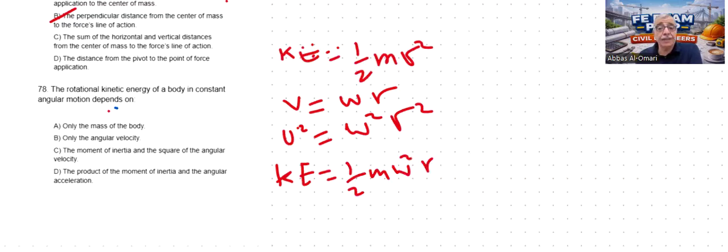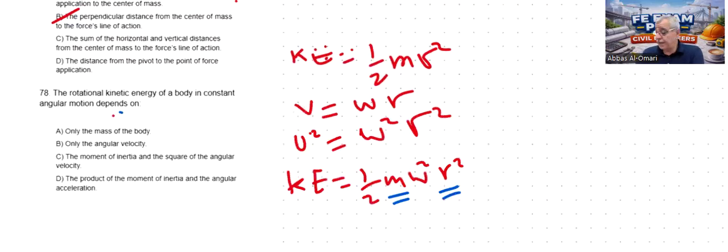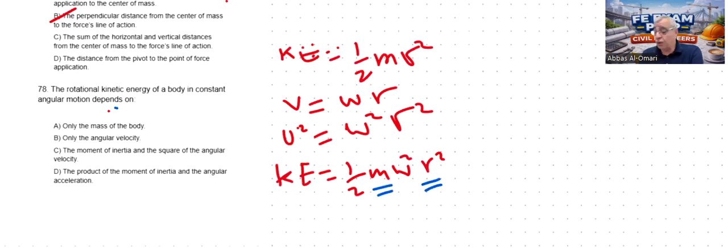This is the kinetic energy in terms of omega. Mass multiplied by r squared is the moment of inertia. So the kinetic energy depends on the moment of inertia and the square of the angular velocity. So the correct answer is C.